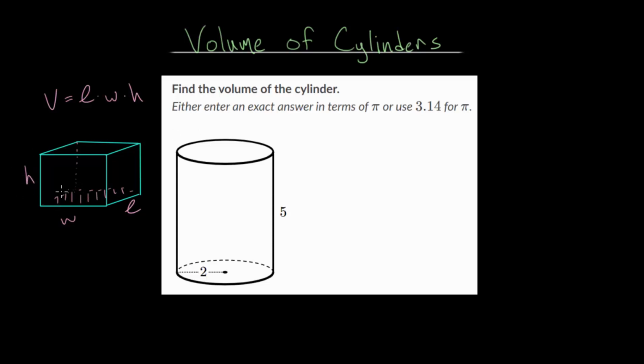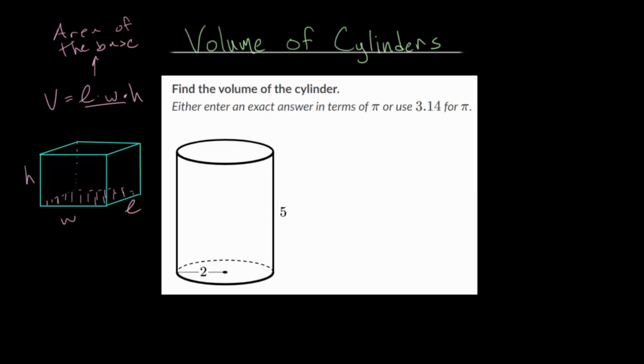Since the area of the base, this rectangular face on the bottom, is just the length times the width, right here, this is we can say the area of the base of our rectangular prism, and then we multiply that by the height of the prism. So that's one way to look at this, and that idea will actually apply to the cylinder.